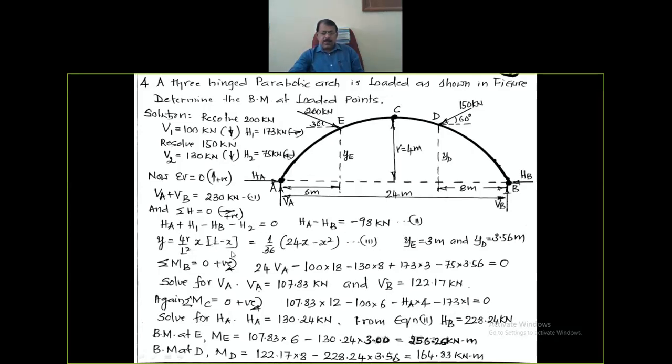After writing the ordinate equation, now calculate the ordinate at E, at a distance of 6 meter from the point A. That value, YE, works out to be 3 meter. Similarly, compute the ordinate at D, YD, at a distance of 8 meter from the point B. The value of YD works out to be 3.56 meter.